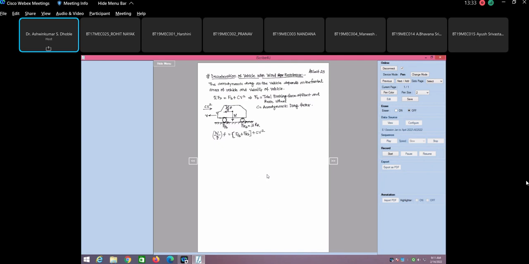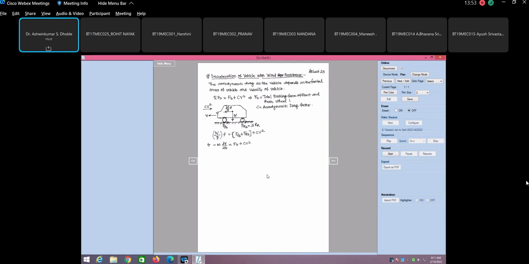So this is the equation. Then we know that this equals minus M dV by dt. Since this is deceleration, we are putting the minus sign. So we can say that this is FB plus CV square.